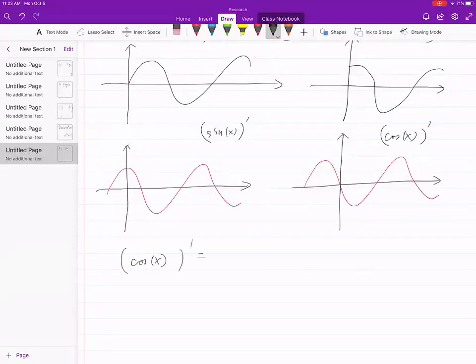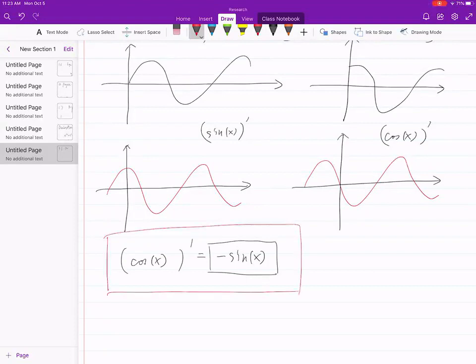Well, does it look like sine x? But wait a second, sine x is like that, right? So this is actually exactly sine x, but flipped vertically. So all we need to do is just put a negative sign here. Okay. That's the second formula.